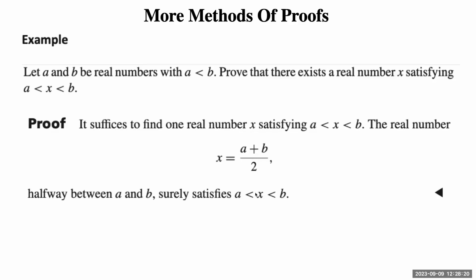So no matter how close they are together, I'm guaranteed to find a number in between them. And that's all I have to show. I found one number, the sum of A and B divided by 2. So that's how you handle an existence proof. If you see any question that says prove there exists something such and such, just find one case that works and you're done.